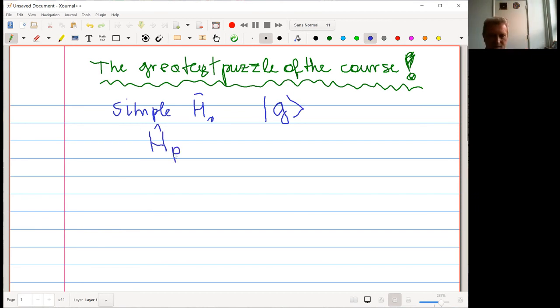P stands for perturbation. This Hamiltonian is made from creation-annihilation operators, products and sums, and this is a sum over elements.